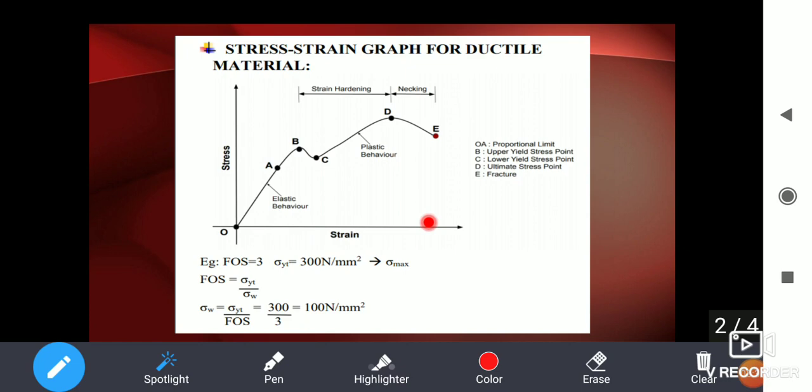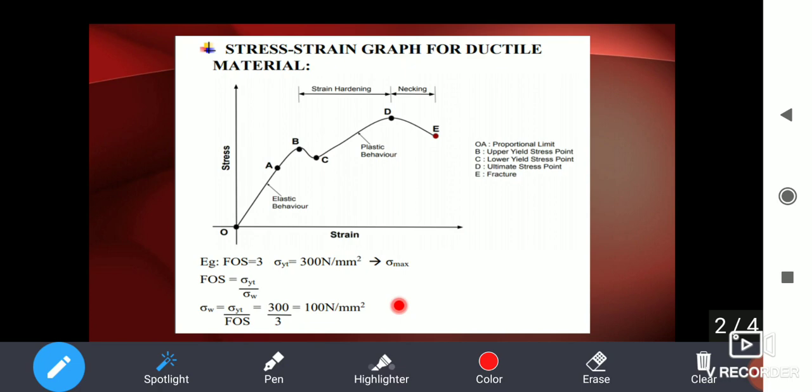Because of factor of safety, the working stress on the material is reduced to almost one third. So we are designing the material only with the help of working stress. If the working stress decreases, then we can say that the material won't be reaching the yield stress value, and if it does not reach the yield stress value, then it is not going to be broken.